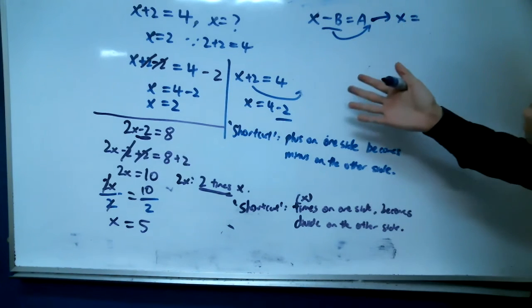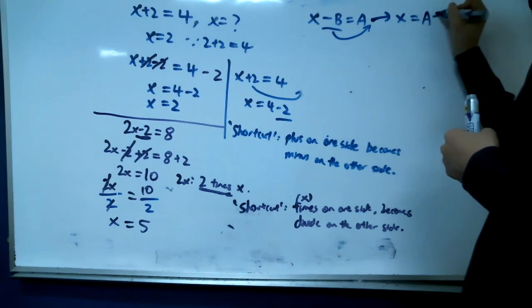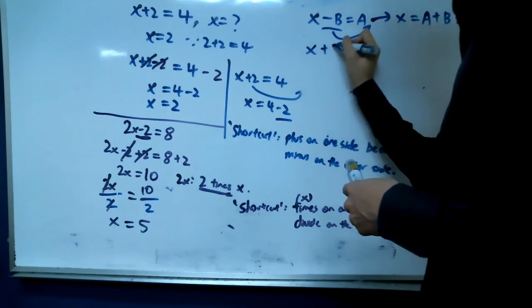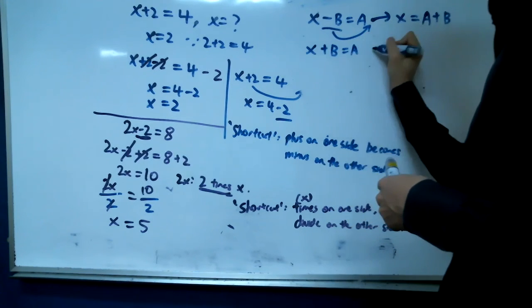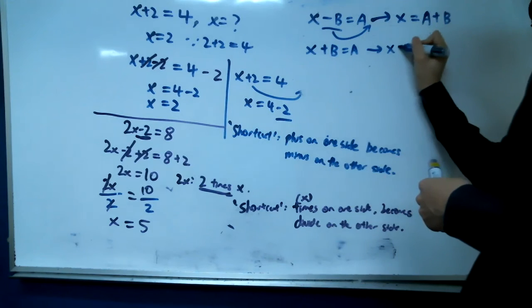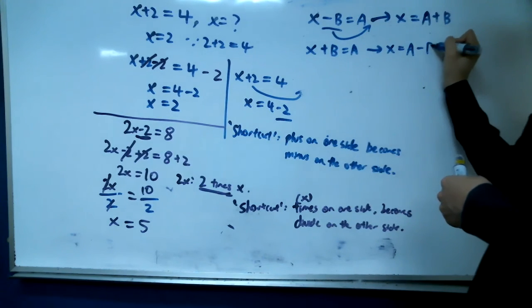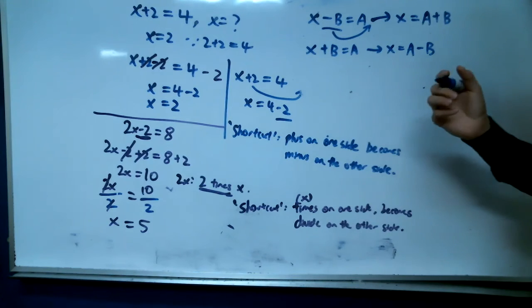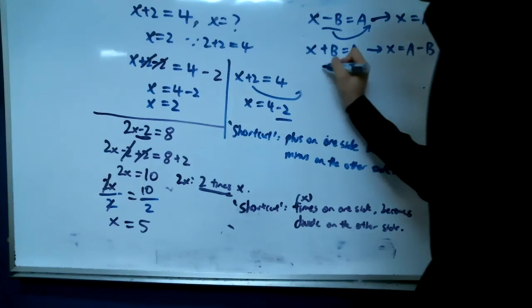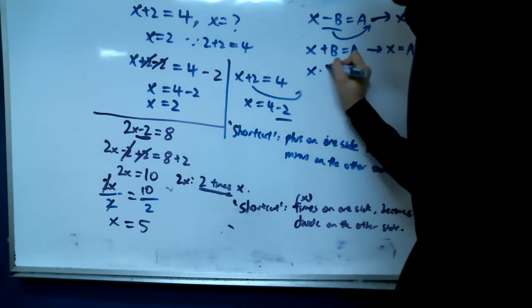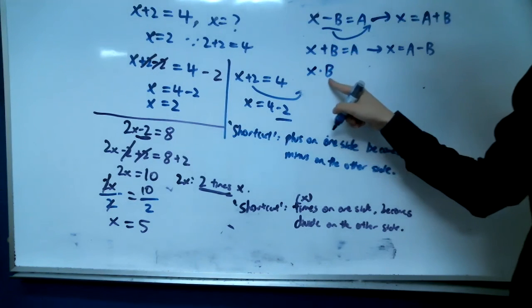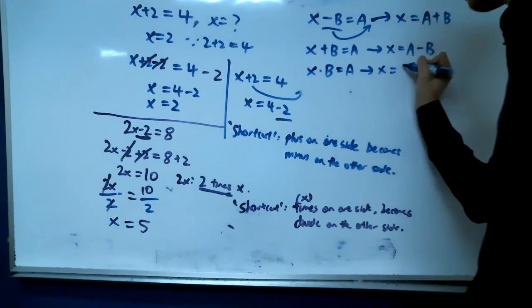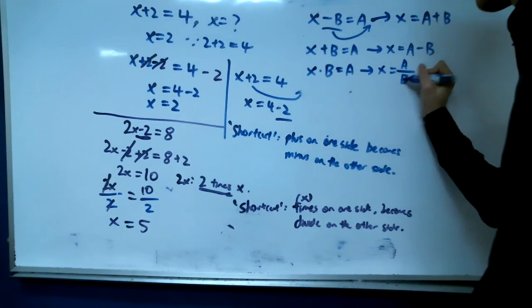And to move a minus b, it becomes a plus b. If it is x plus b equals a, it becomes x equals a minus b. And if it is x dot b, where dot is times, x multiplied by b equals a, x equals a divided by b.